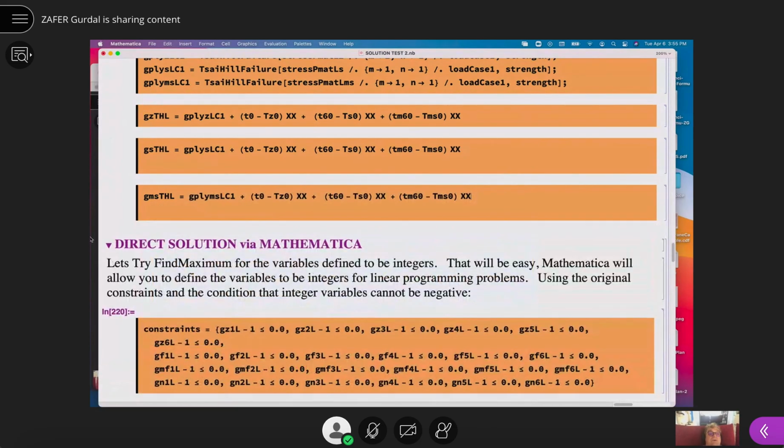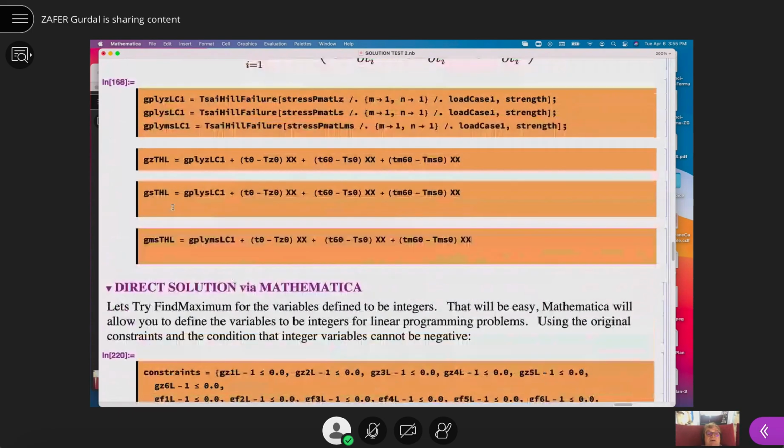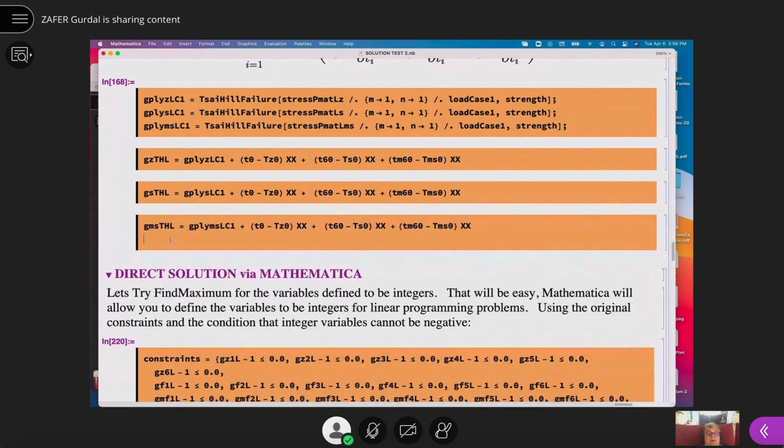All right, so Psi-Hill Z linearized, Psi-Hill 60, minus 60 linearized, G ply 60, load case 1, load case 1, load case 1, and they come from here. So these three numbers come from above.